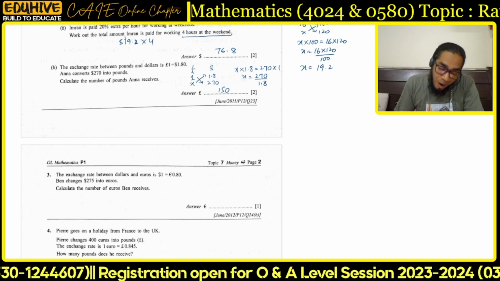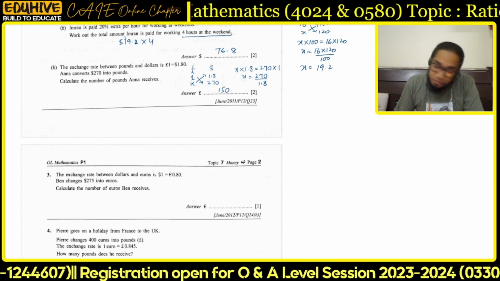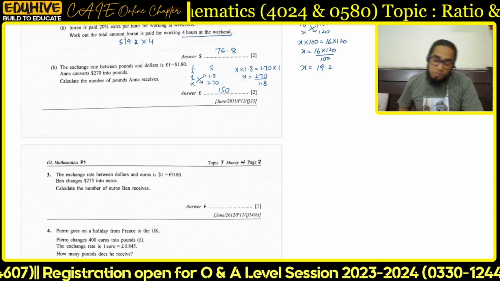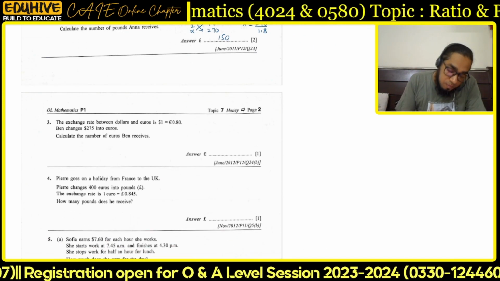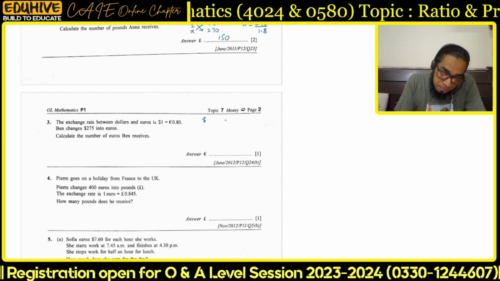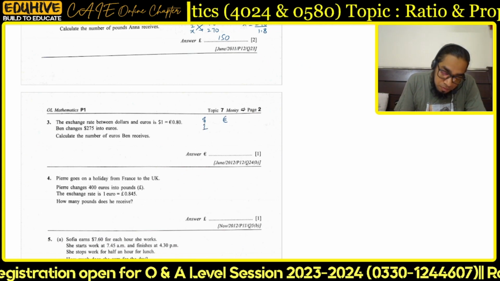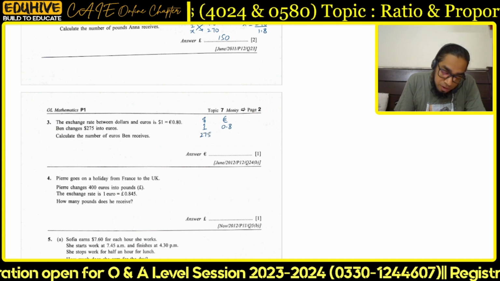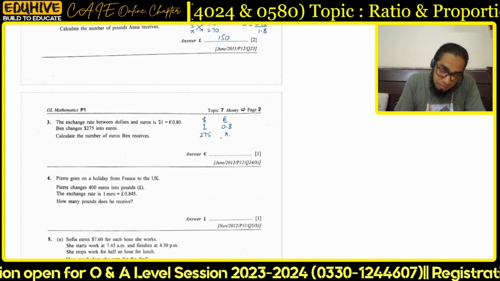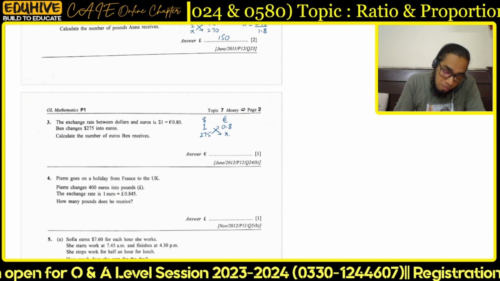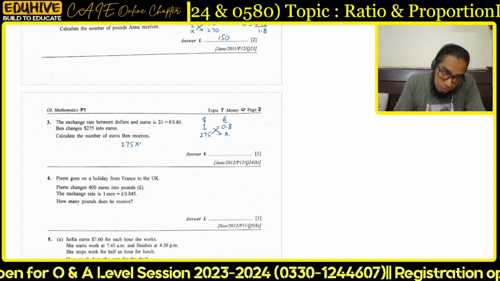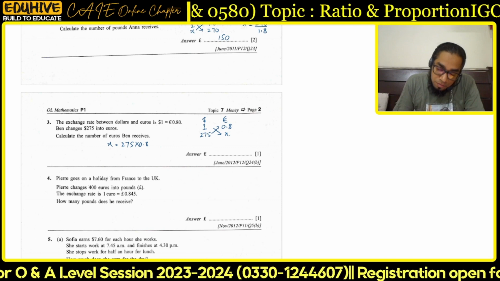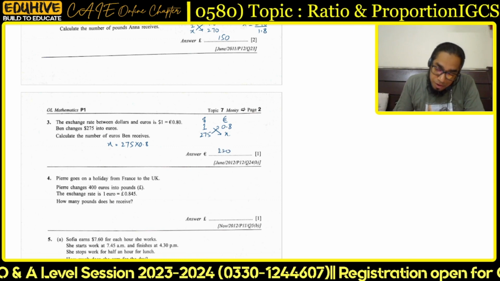Can you see that? $1 would be equal to 0.8 euros, and $275 would be how much in euros? Okay, Simra, I am checking your speed as well. That's going to be 220. Okay.